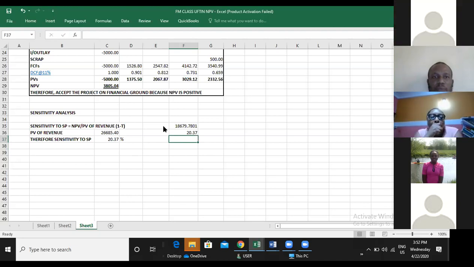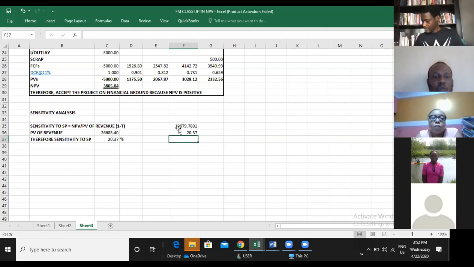Okay, so what I'll do is a side working. My present value of revenue, multiplied by 1 minus T, and then I get a figure.